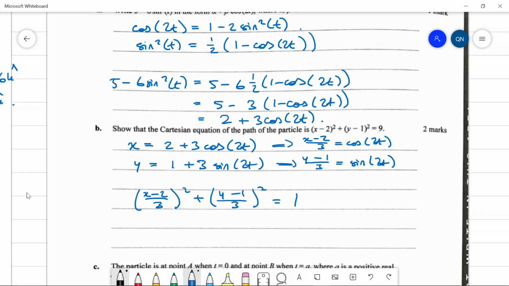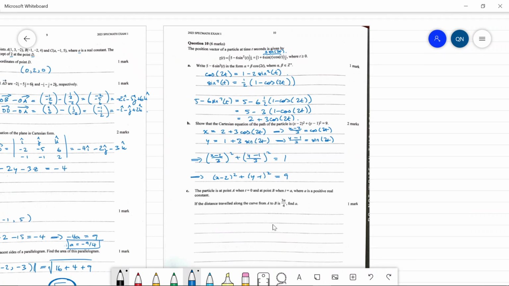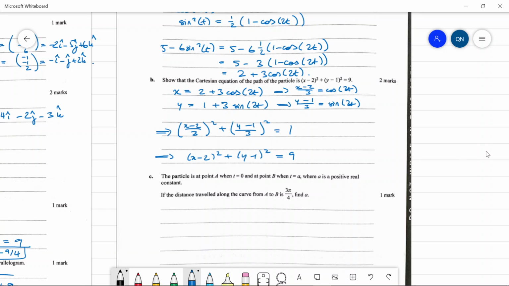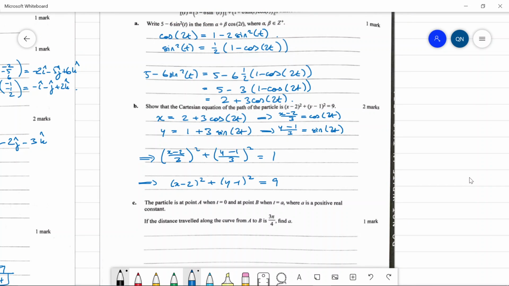This means that x minus 2 squared plus y minus 1 squared is equal to 9, because 3 squared is 9, and I bring the 9 over. Okay, that's straightforward.